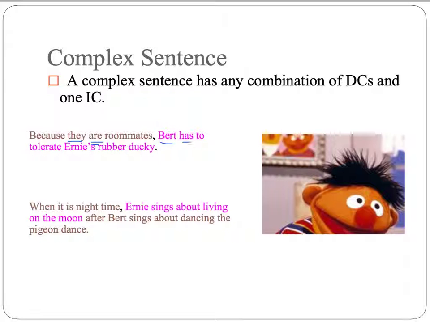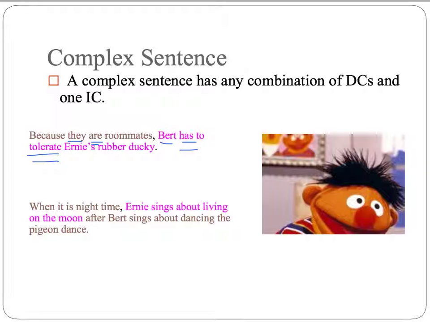"Bert has to tolerate" is another verb phrase. So what makes this sentence complex is the fact that I have more than one subject-verb combination, but I only have one dependent clause and one independent clause. So: because they are roommates, Bert has to tolerate Ernie's rubber ducky.